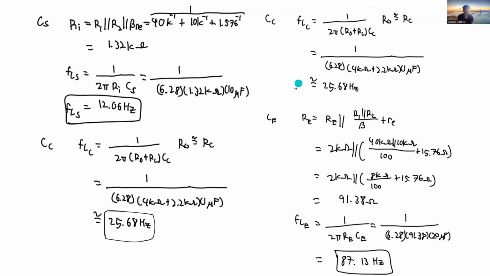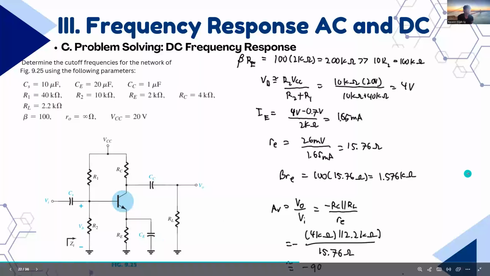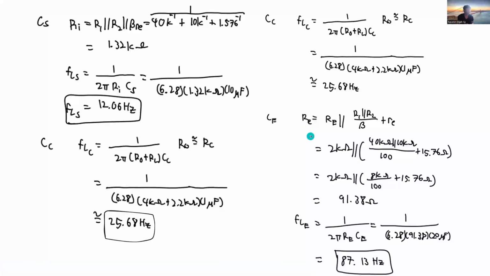Next, CE, the bypass capacitor. Here we compute the RE. RE is equal to the parallel of R1 parallel R2 over beta, plus RE.